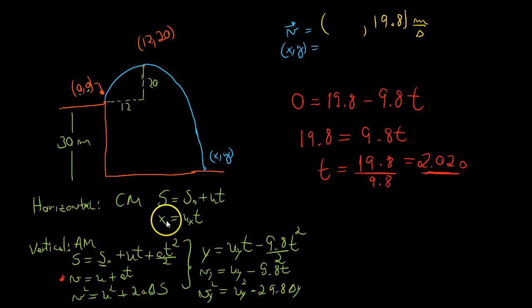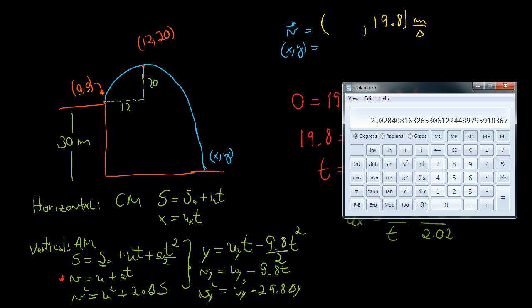The x position is going to be the initial horizontal velocity times time. But now we know both x and t, so we just figure out what ux is, okay? So ux has to be equal to x over time. Right, but x is from 0 to 12. We're talking about the horizontal motion now, so that's 12 over 2.02 seconds.